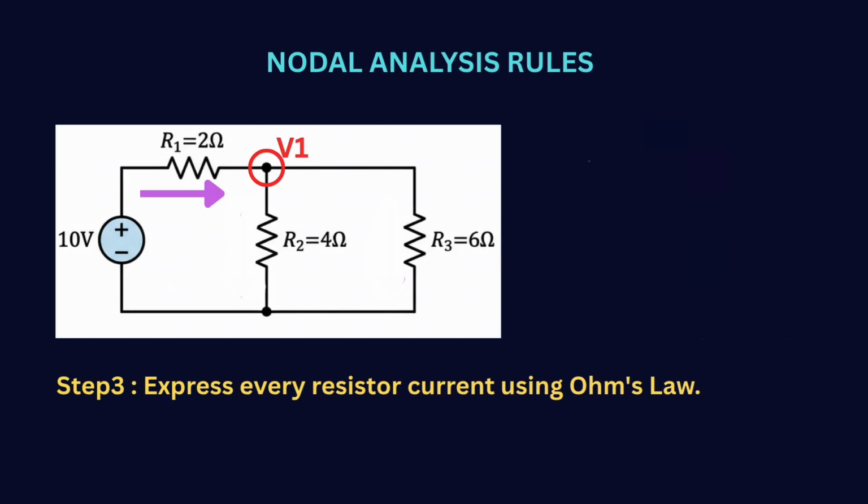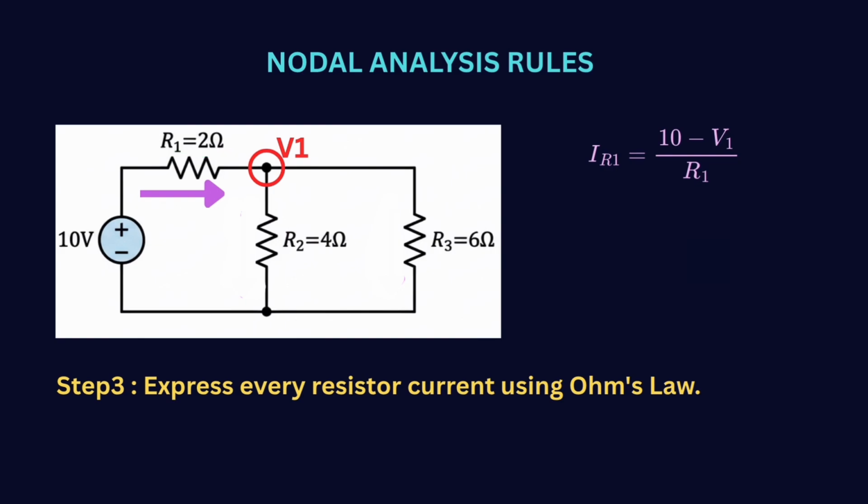Considering this current direction and the voltages at the terminals of resistor R1, the voltage across the resistor R1 is given by 10 minus V1. Based on Ohm's law, we have I given by V by R. And so, the current through the resistor R1 is given by (10 minus V1) by R1. Here R1 is nothing but 2 ohms.